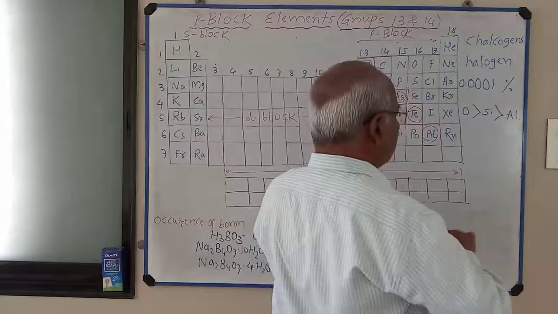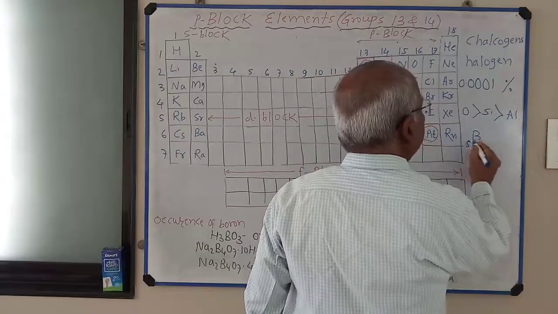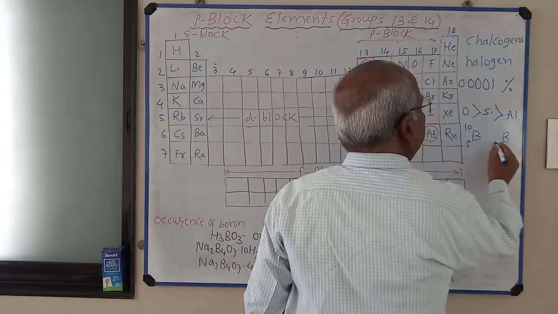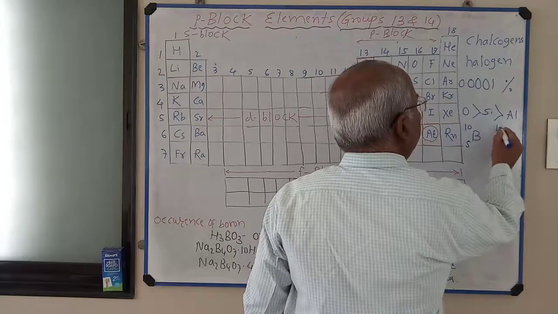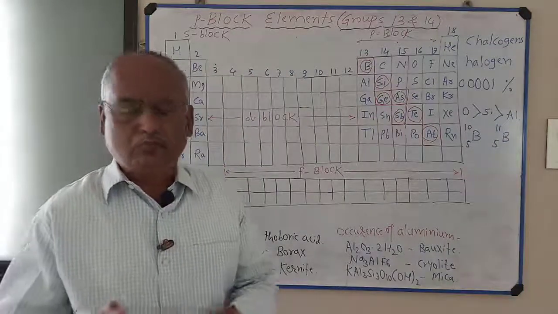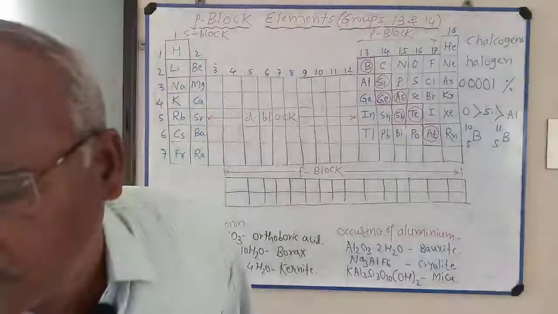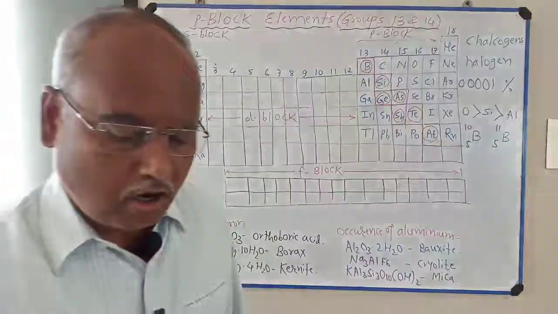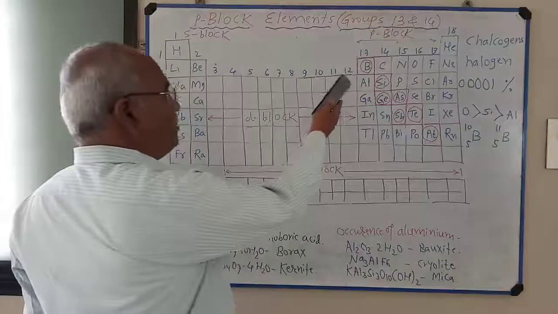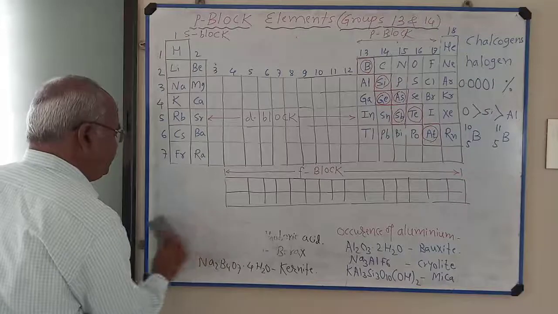Boron has two isotopes. Boron, atomic number 5, mass number 10. Boron, atomic number 5, mass number 11. So this is about occurrence of boron elements present in boron family.